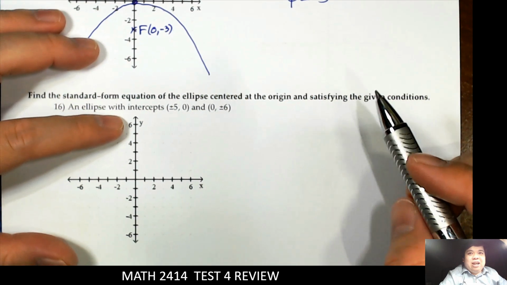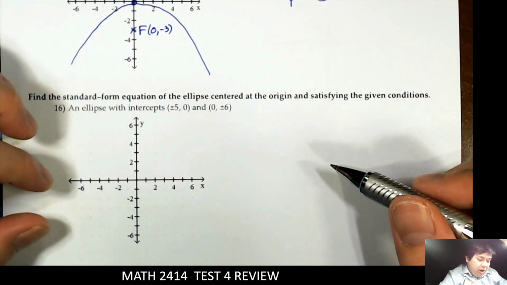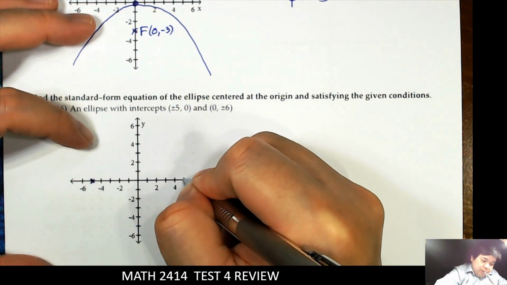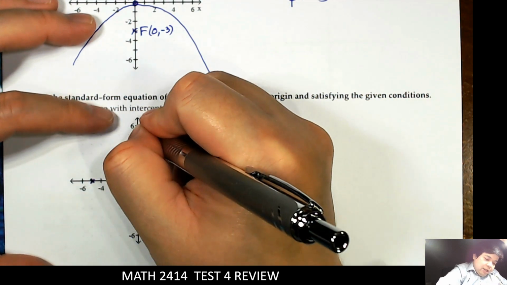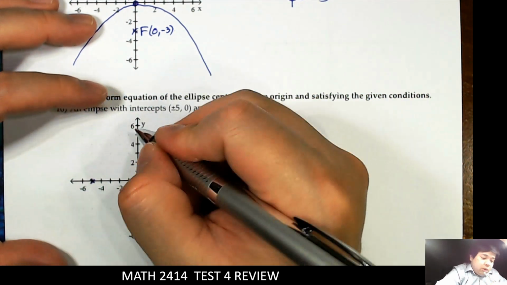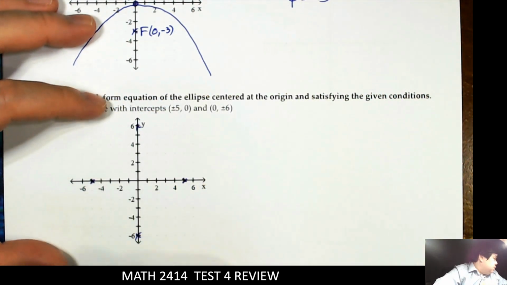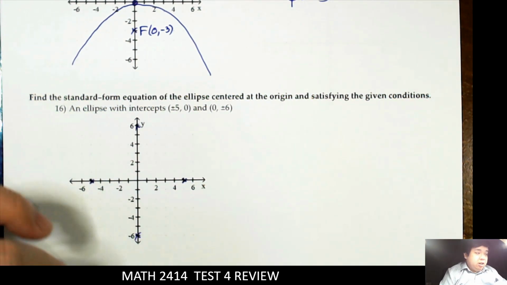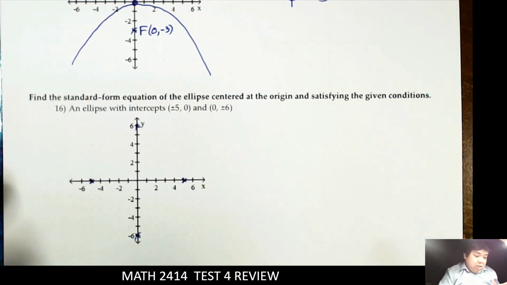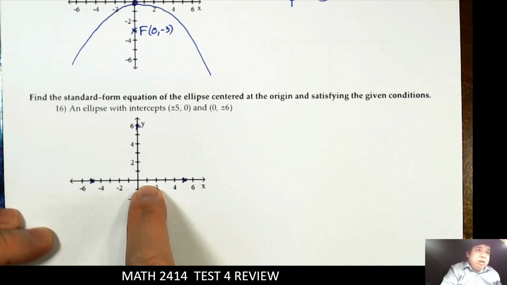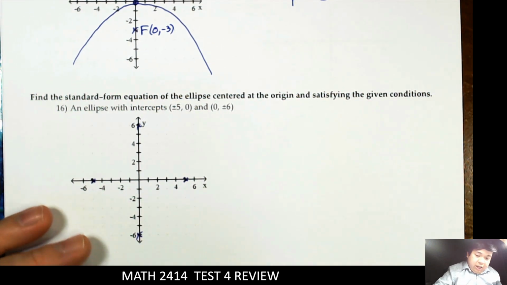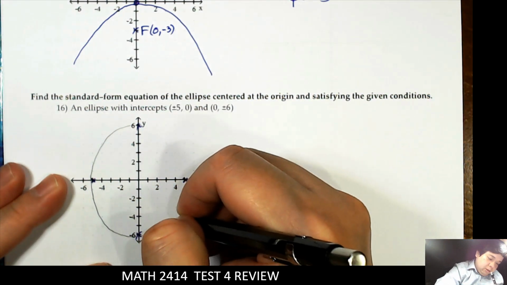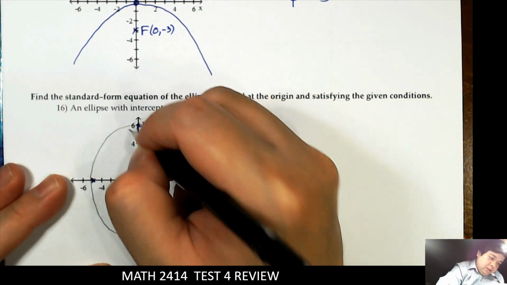It just has intercepts. So we have negative 5 and 5, and 6, 0 and 6 and negative 6. Notice that because the ellipse is symmetric, in this case the center has to be in the middle, 0, 0, and so the ellipse looks kind of like this.